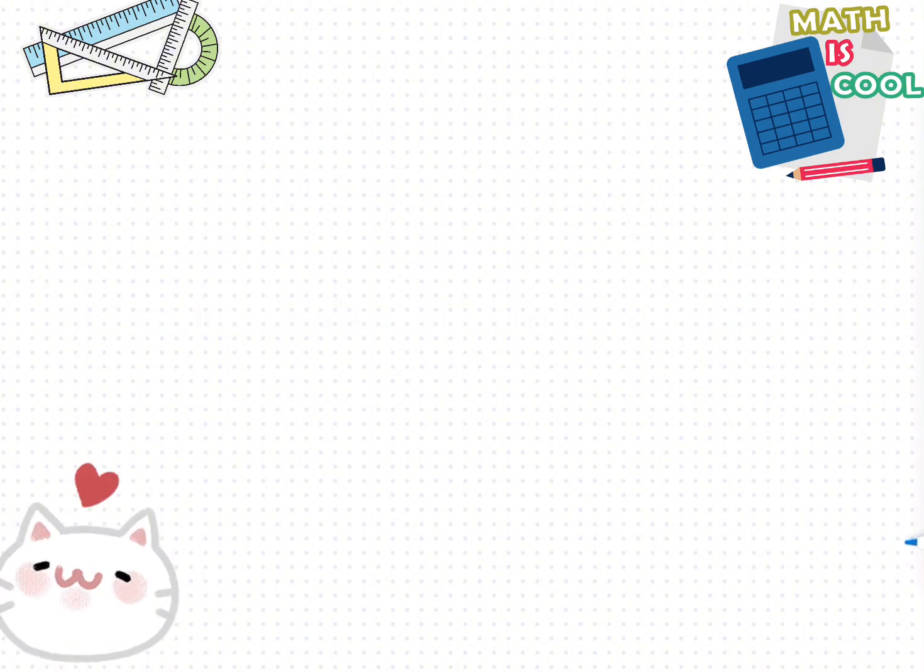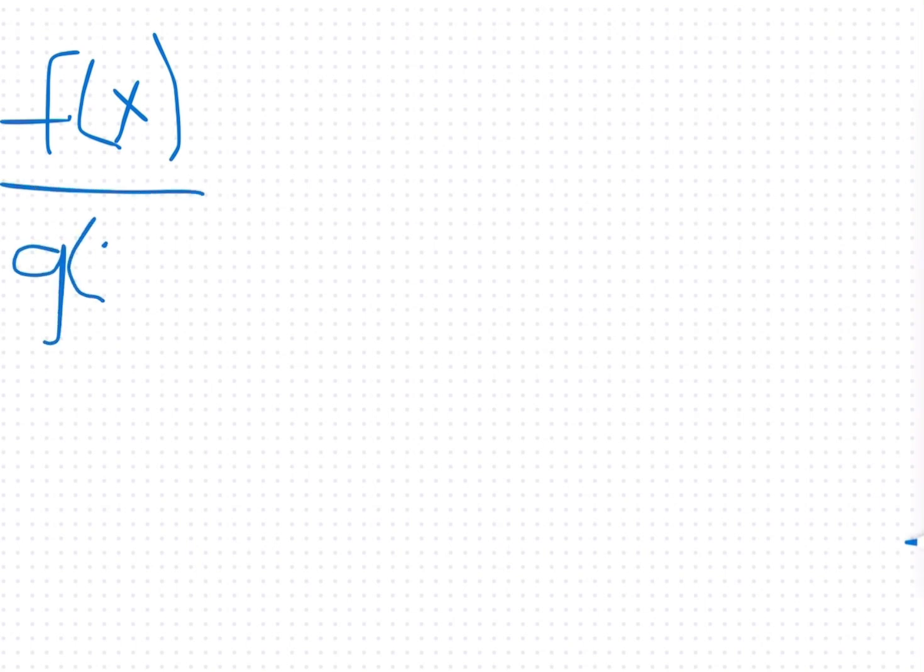If you have two functions, let's say f of x is the top function that is called the numerator, then g of x is the bottom function that is called the denominator. Then the derivative of their quotient, written as f of x over g of x, is given by this formula.